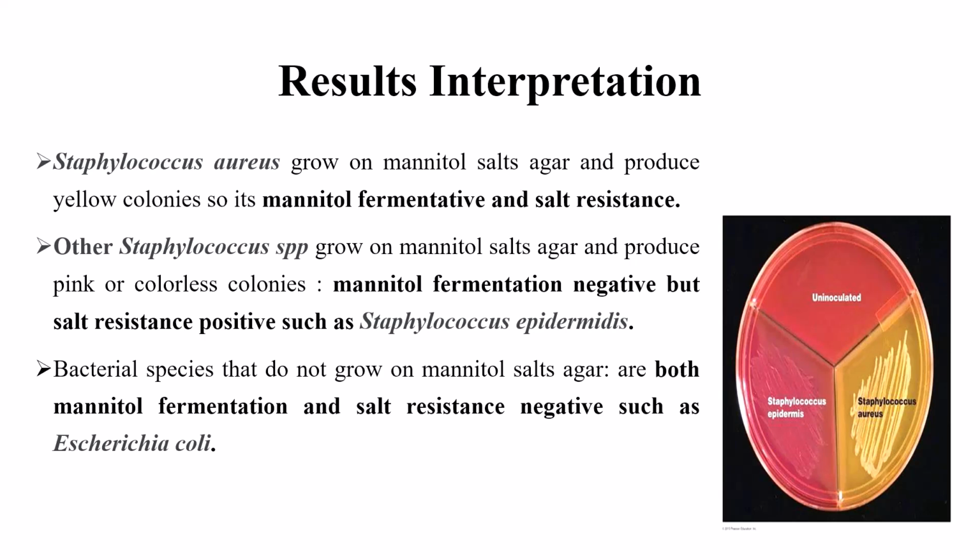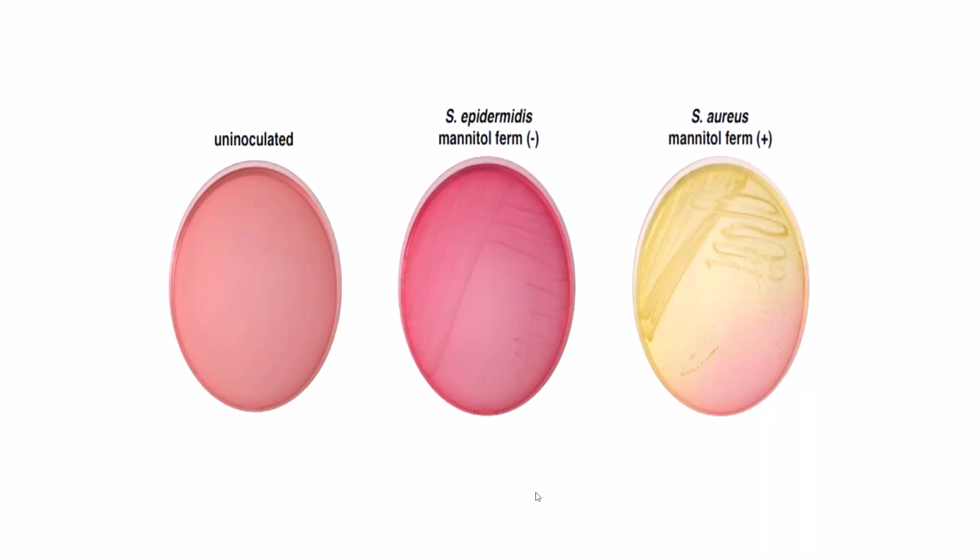Other Staphylococcus species such as Staphylococcus epidermidis can grow on this media but cannot use mannitol, so they are mannitol fermentation negative, while salt resistance positive. Other bacterial species that do not grow on mannitol salt agar are both mannitol fermentation and salt resistance negative, such as Escherichia coli.